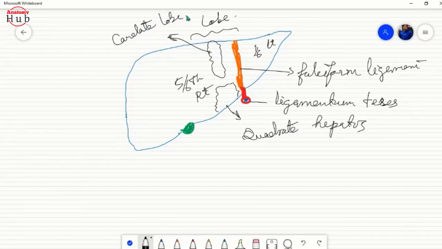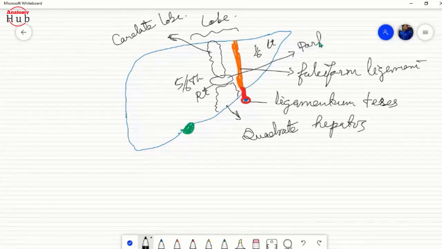So this caudate lobe and the quadrate lobe are actually part of your right lobe of the liver. And in between these two lobes you will find an area, known as your porta hepatis.